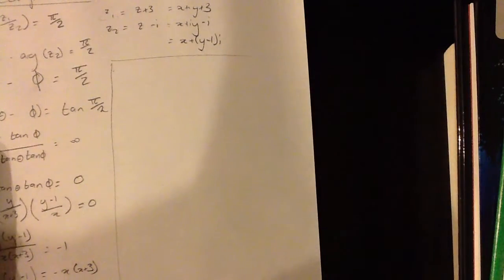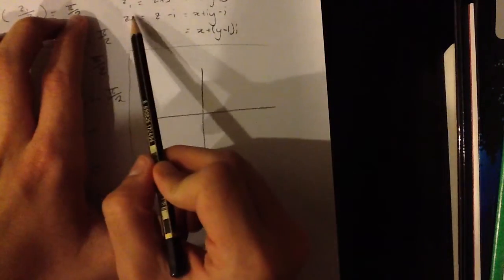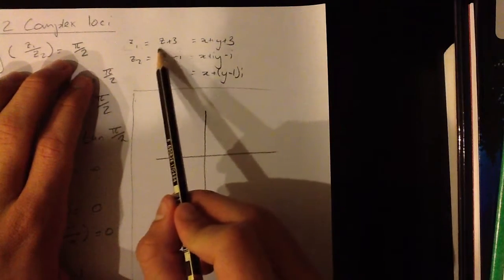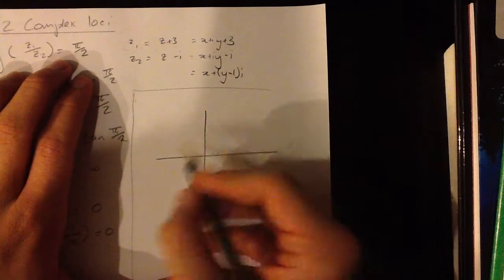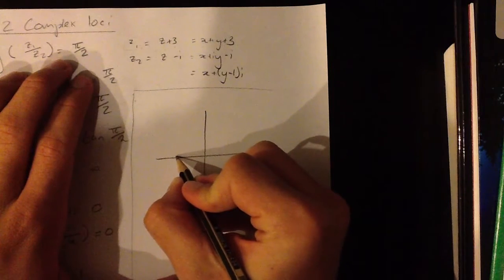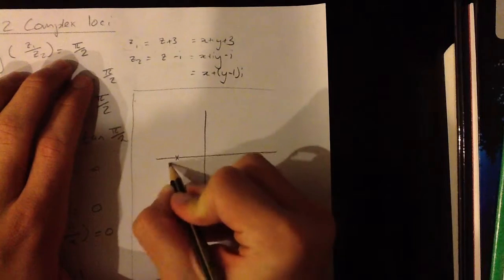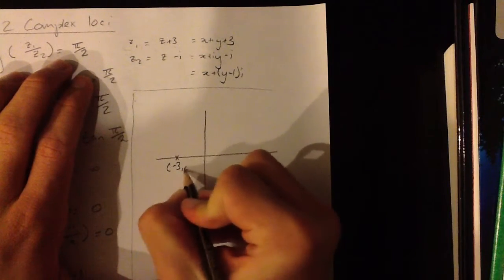Now we can use this, let me put this on the camera, to draw our loci. Draw the axes. Go back to z1 over here. z1 is z plus 3, which means the x value is minus 3 and the y value is 0, so we'll put it here, minus 3, 0.